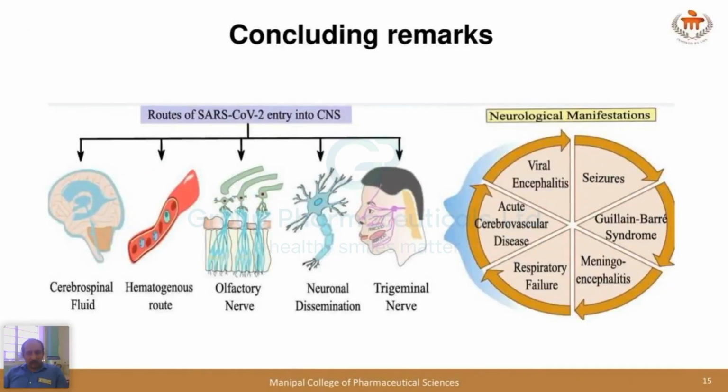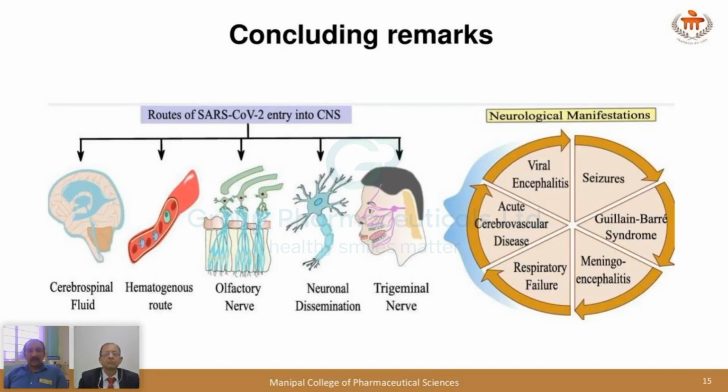To conclude the presentation, the SARS-CoV-2 virus gains entry into the CNS through several routes such as the cerebrospinal fluid, hematogenous route, olfactory route, neuronal dissemination, as well as the trigeminal nerve.